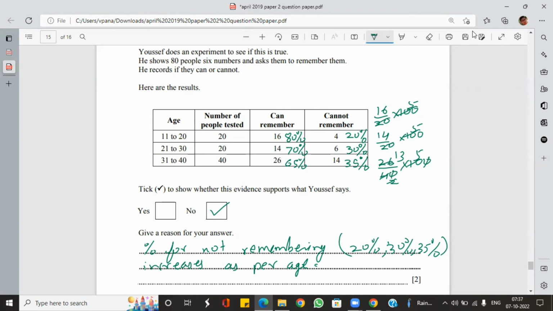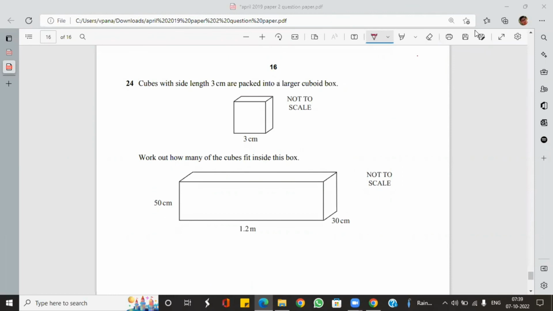No. Cubes with side length 3 centimeter are packed into a larger cuboid box. Work out how many cubes fit inside this box. So this is not to scale. So 1.2 meter, since the others are in centimeter, we will convert all of the units into centimeters. So 1.2 meter is equal to 1.2 times 100, that is 120 centimeter. So we have to find out approximately how many cubes fit into this. So let us do it as, say, 50 divided by 3 is approximately 16.